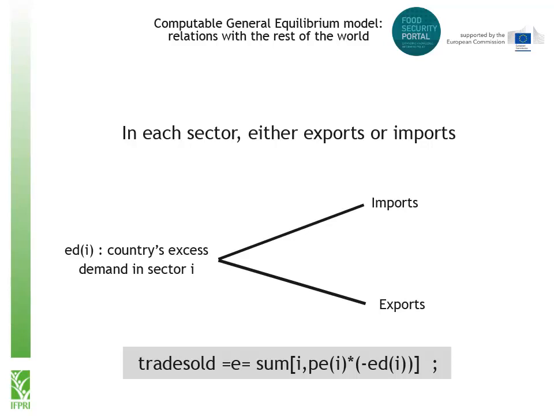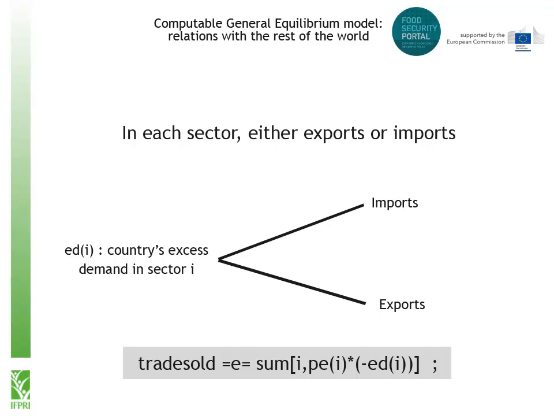So first, we use world prices because economists are used to measuring the foreign account at world prices and not at domestic prices. And then we've got minus ED in sector i, because either ED is positive, it means that we've got imports.